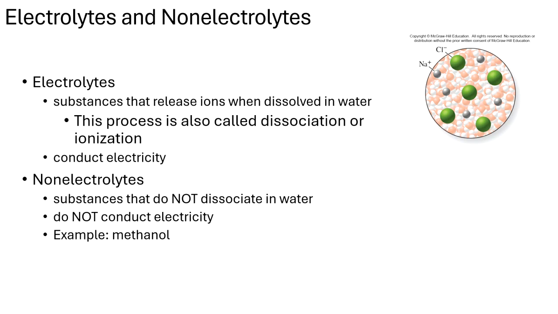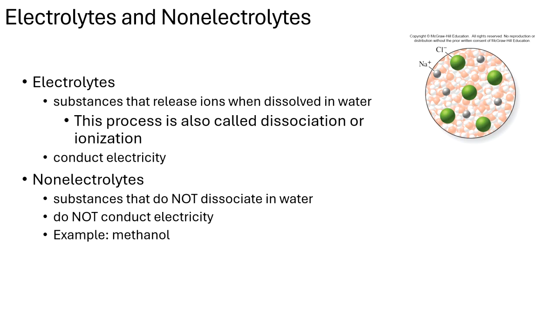Now, the first thing I want to mention is electrolytes, because that helps us to distinguish these two. An electrolyte is a substance that when it dissolves in water, it breaks up into ions, that is, charged particles. So if you have pure water, it doesn't carry electric current very well at all. But if you throw salt in, it will carry the current very readily because the charges can move.